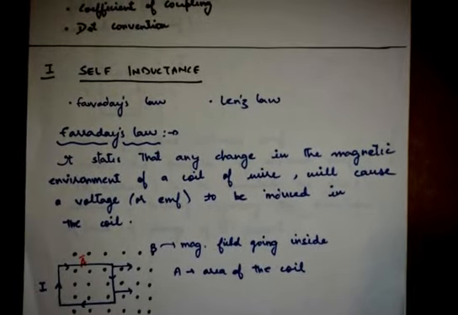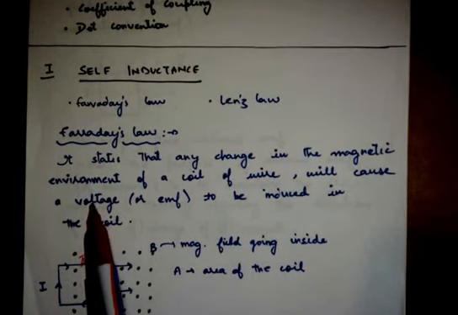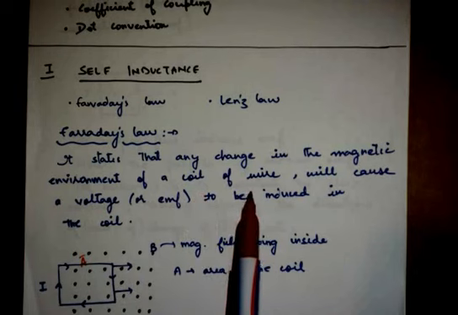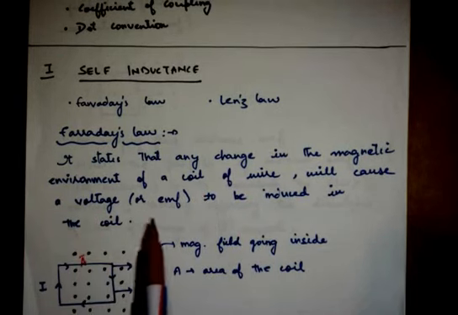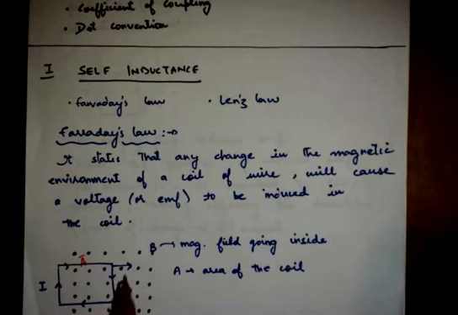Look at its definition. It states that any change in the magnetic environment of a coil of wire will cause a voltage or EMF to be induced in the coil. In this example, the coil of wire having n number of turns is moving into the magnetic field, and the magnetic field, which is represented by this dot, is itself a varying quantity which is moving inside.